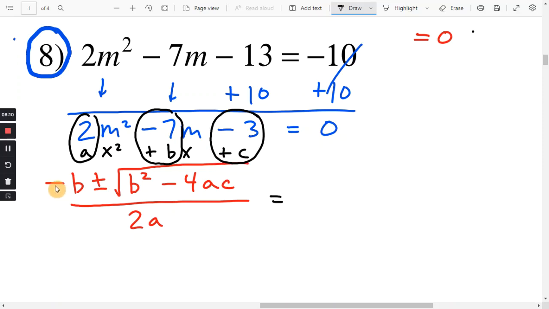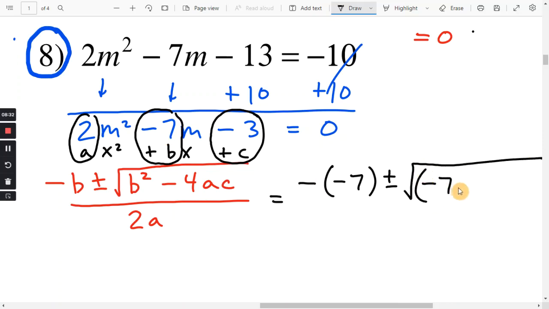Okay, so here we have negative b. So negative, and b is negative 7. So it's going to be the negative of negative 7. Okay, watch your plus minus signs. And this is plus minus radical b squared. So that's going to be negative 7 squared. Okay, use the parentheses on that.